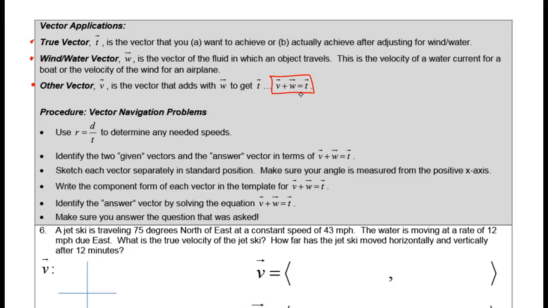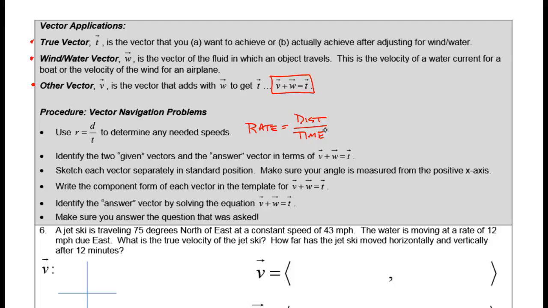Okay, so now let's talk about the procedure. I've identified a set of steps here that I'll read through quickly, but the one thing I want to talk about in the first one is that it says use R equals D divided by T to determine any needed speeds. Remember from back in a general physical science course that this means rate equals distance divided by time.